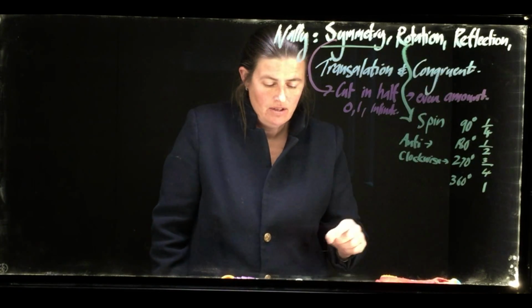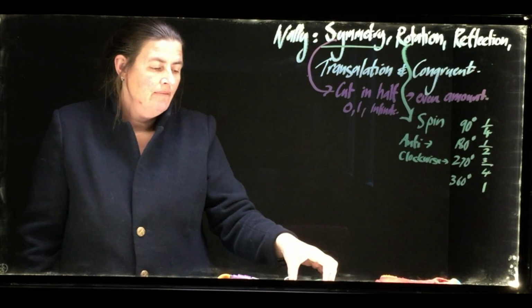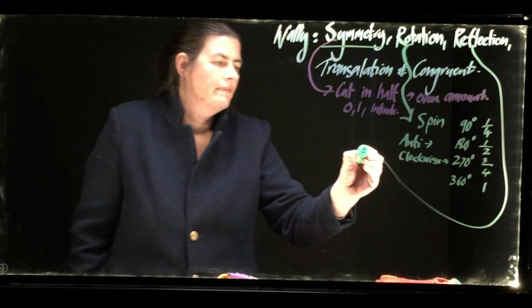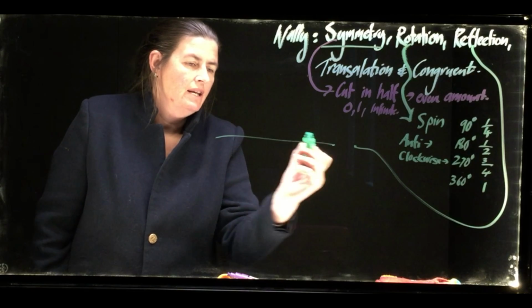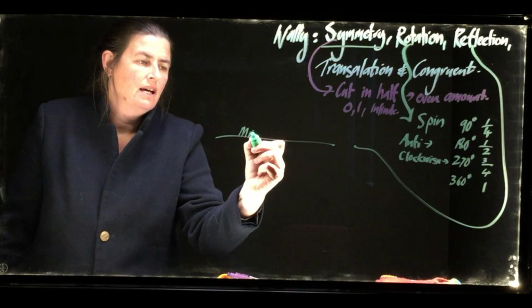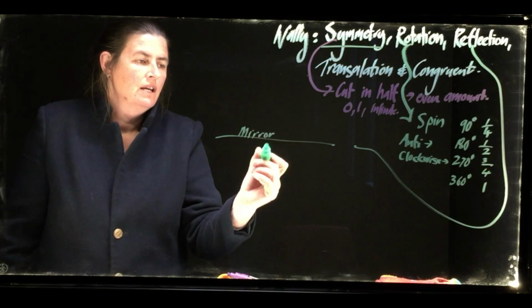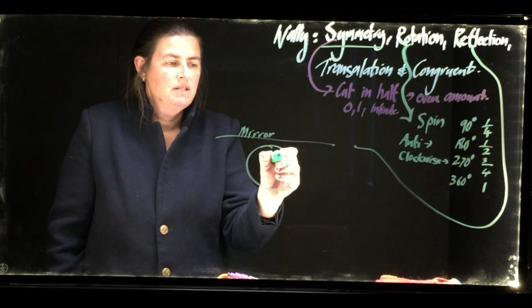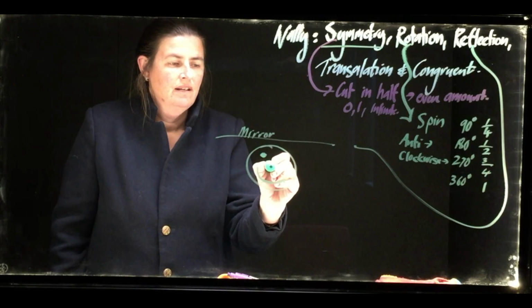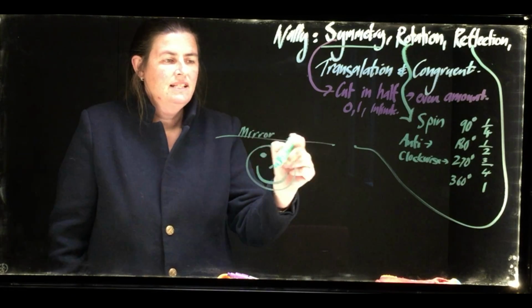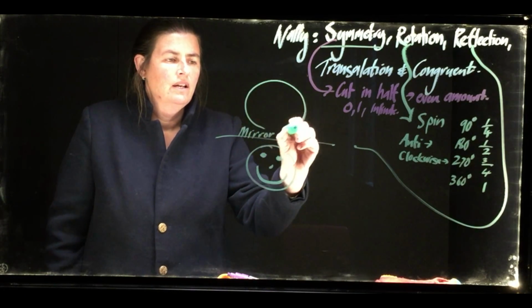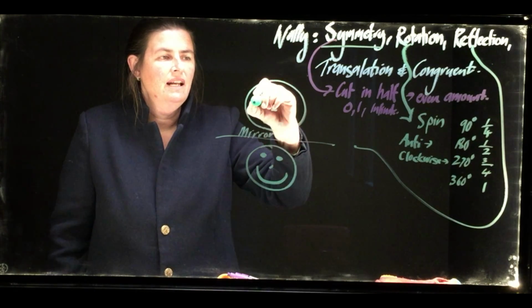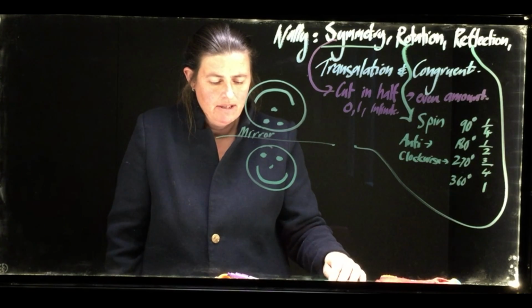So that is rotation. Now, reflection is going to give you a line. And it will say this is a mirror line. So if you have a person checking themselves out, looking pretty handsome there, and this is the mirror line, you're going to have to draw it exactly as you see it, but upside down.